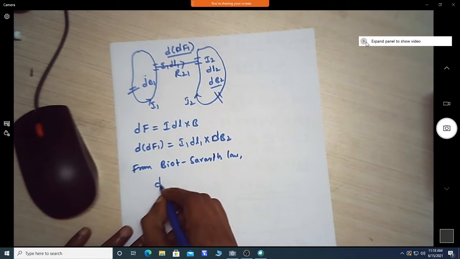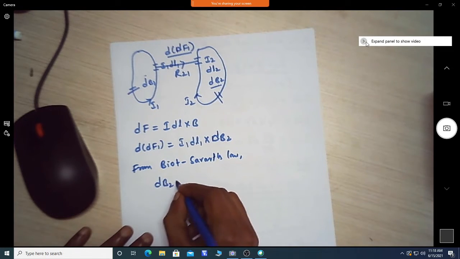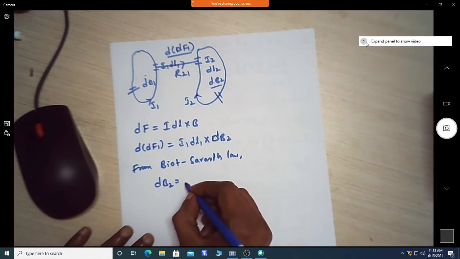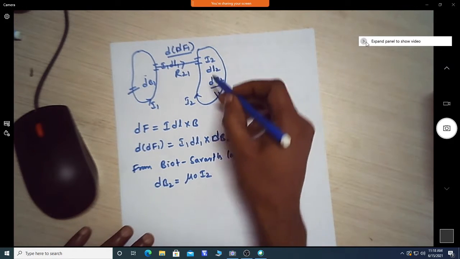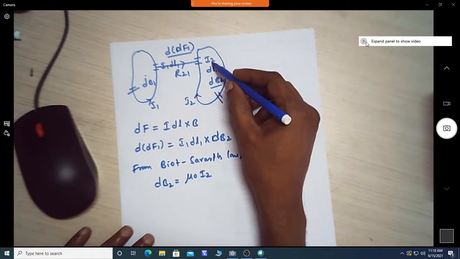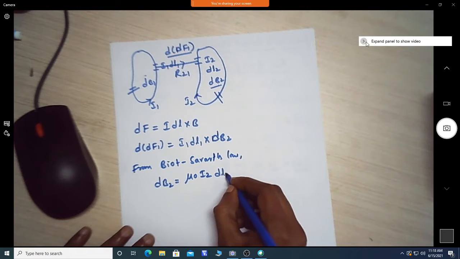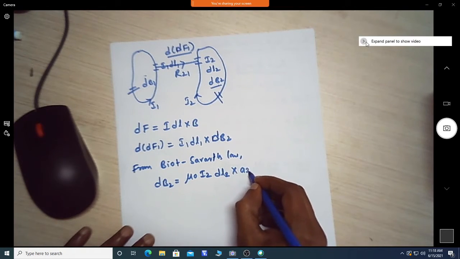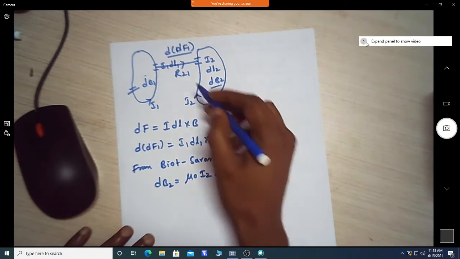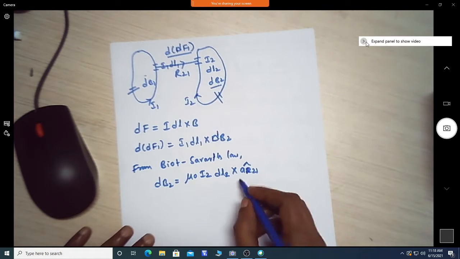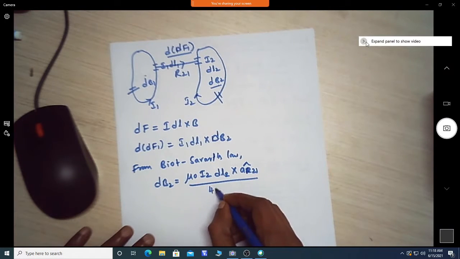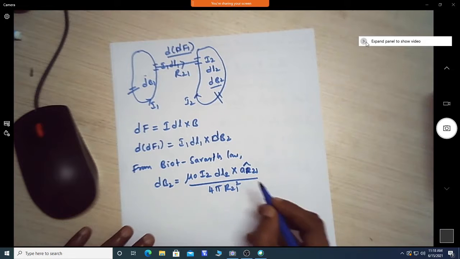From Biot-Savart's law, this dB2 can be defined in terms of the currents, that is mu naught I2 dl2 cross aR21, which is a unit vector along this direction, divided by 4 pi R21 square.